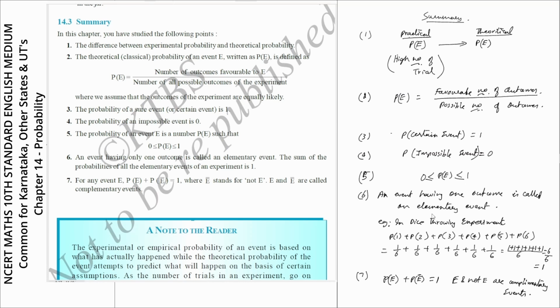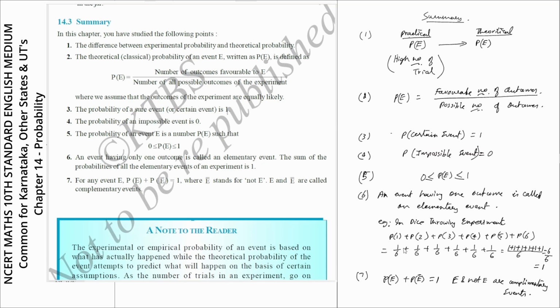And coming to elementary event, an event having one outcome is called an elementary event. For example, in a dice throwing experiment, an event of getting 1, getting 2, getting 3, getting 4, getting 5 and getting 6, all these are elementary events. And when we add the probability of all the elementary events, we will get 1.